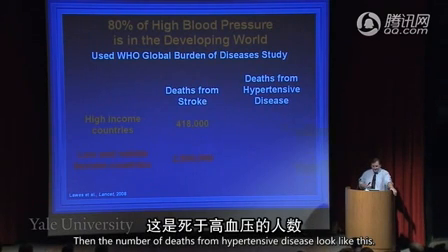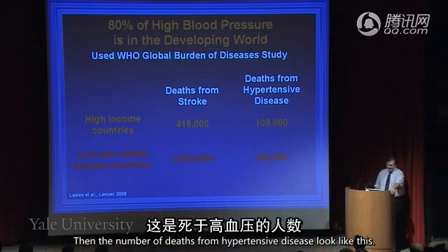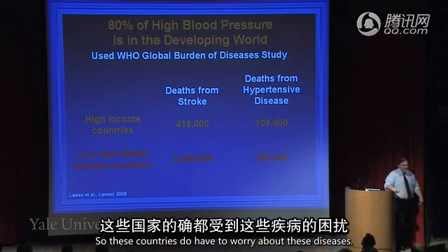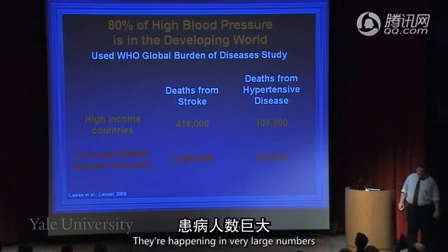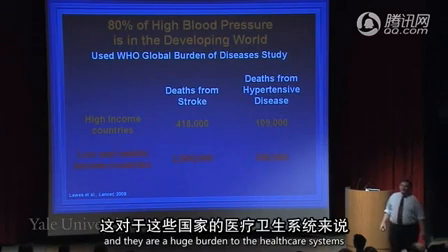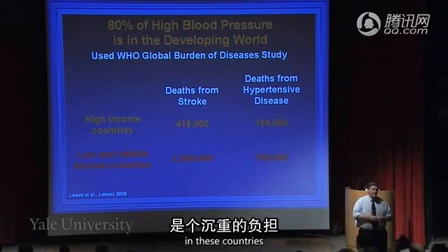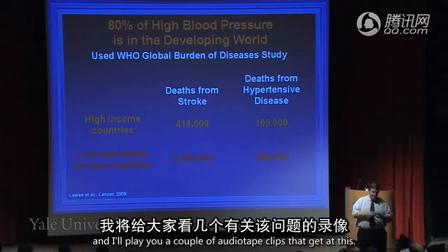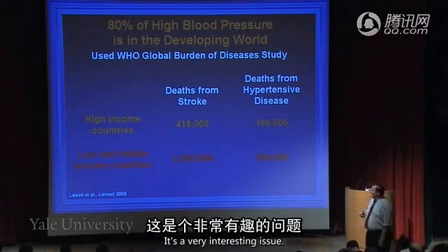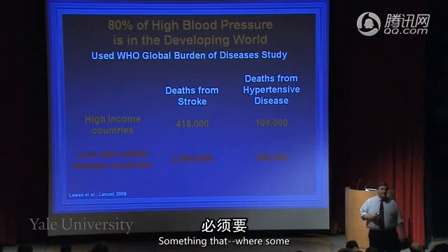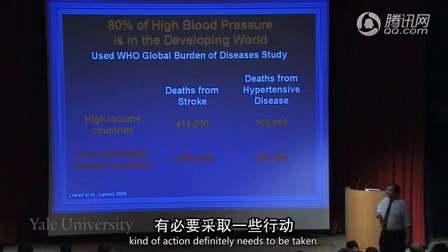And then the number of deaths from hypertensive disease look like this. So again, orders of magnitude difference. So these countries do have to worry about these diseases. They're happening in very large numbers, and they are a huge burden to the healthcare systems in these countries. And I'll play you a couple of audio tape clips that get at this. So it's a very interesting issue, something where some kind of action definitely needs to be taken.